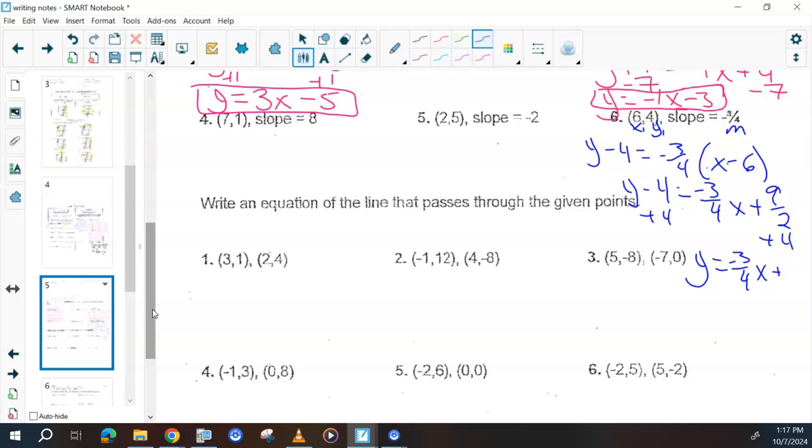So you said that? Is that what you said? So sometimes you have fractions for both the slope and the y-intercept. It depends on the problem. Did you do that in your calculator? You did that in your head.